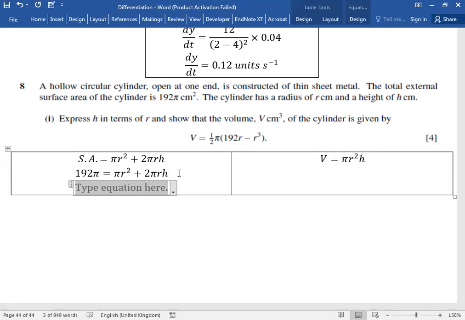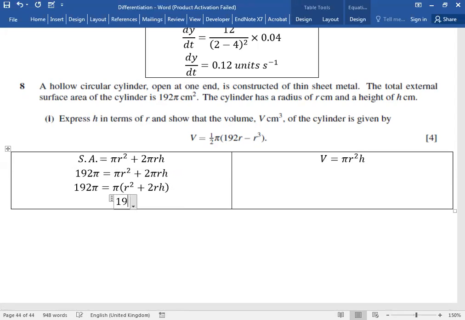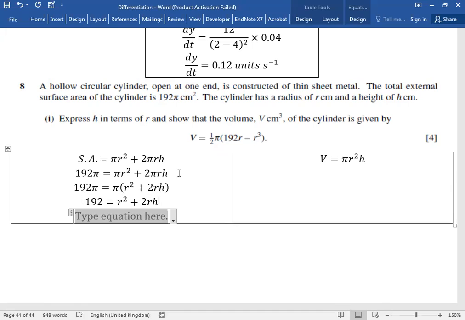ओके, पाई को पहले हमने कॉमन लेके 192 उसको सब्जेक्ट बनाना 192. चलो दिखा देते हैं. ये भी पाई इज इक्वल्स टू पाई कॉमन लिया r square plus 2rh. Pi and pi cancel. 192 is r square plus 2rh. 192 minus r square is 2rh.